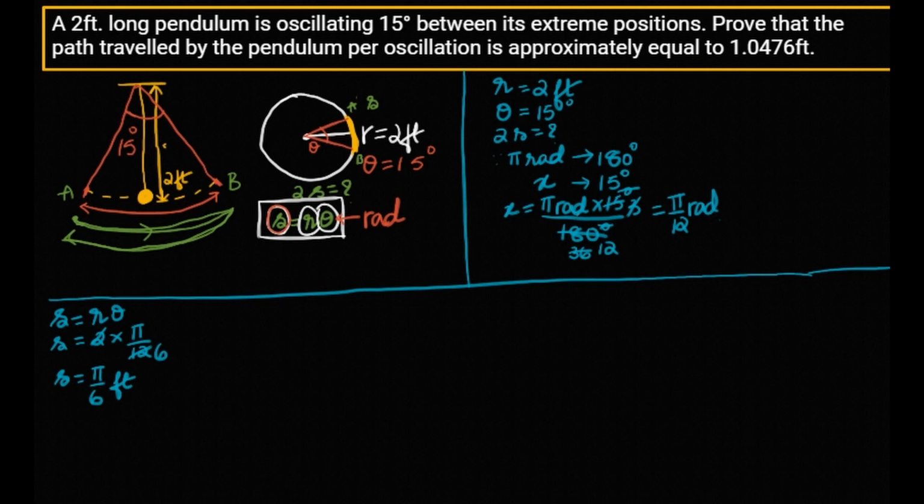So therefore the length of the arc is also in feet. We have to find the value of 2s, that is one complete oscillation of a pendulum. 2s is equal to 2 into pi by 6 feet. 2 into 3 is 6, so we get pi by 3 feet. When we substitute, the value of pi is approximately equal to 22 by 7.